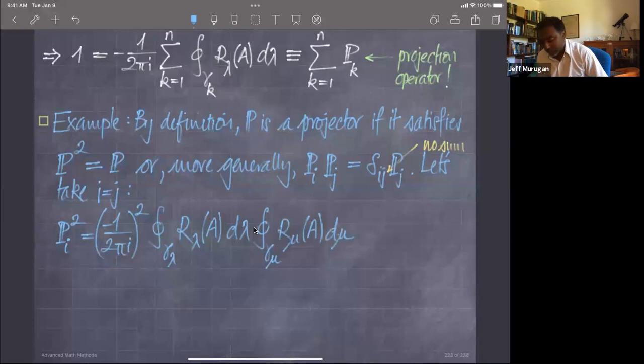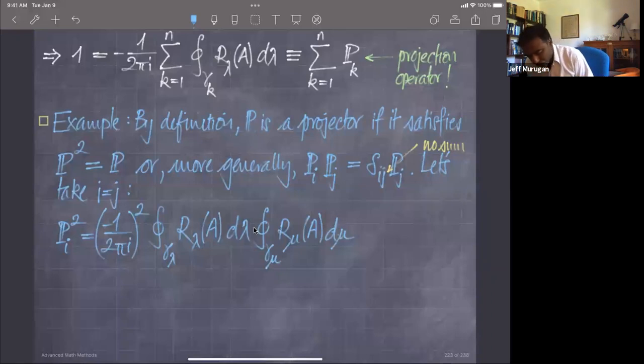So without any loss of generality, I'm going to choose lambda not the same as mu, and I'm going to arrange for the curve gamma lambda to be outside the curve gamma mu.